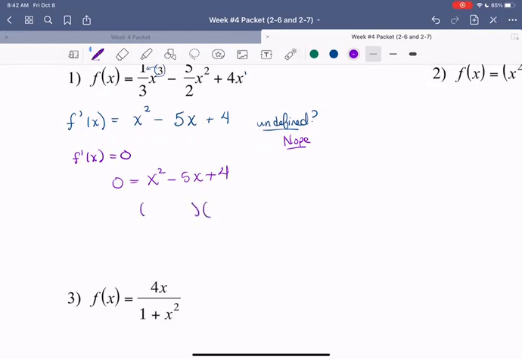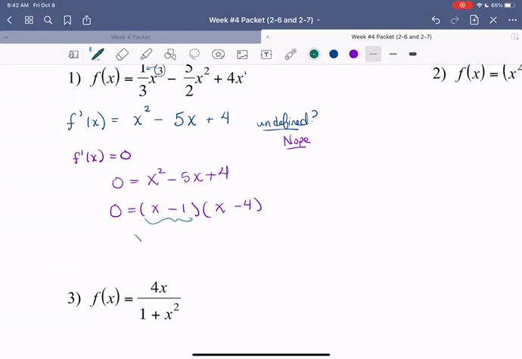Let's try that out. So if I take -4 minus 1, I add those together, I'm going to get -5, which is what I want. And if I multiply them together, I get a +4. So I can put in my x's here. So my derivative factors into this form. So that tells us if I want this product equal to 0, at least one of them must equal 0.